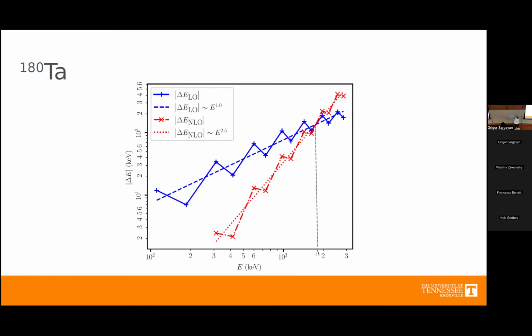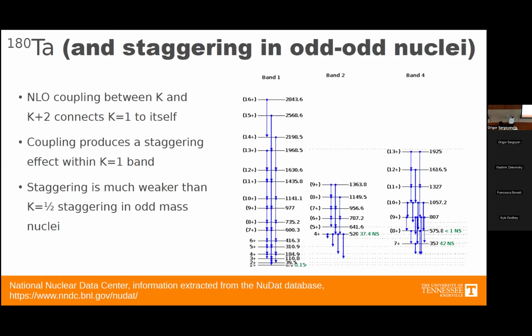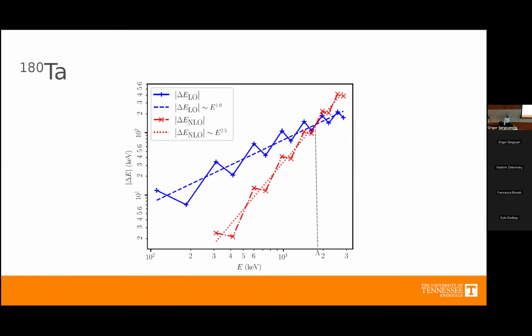So looking at our error plot here, again, we see that breakdown scale appearing at about 1800 keV or so, which gives us a reasonable chunk of predictive power in these rotational states. So that gives us something reasonable here.